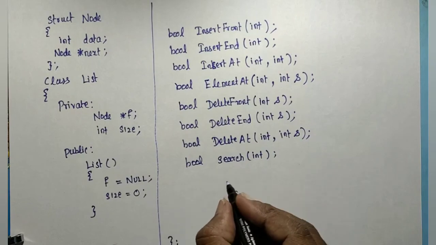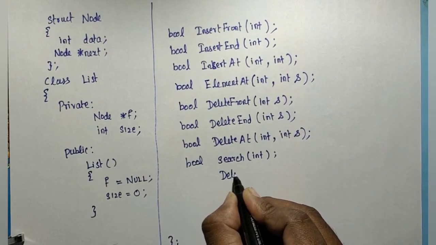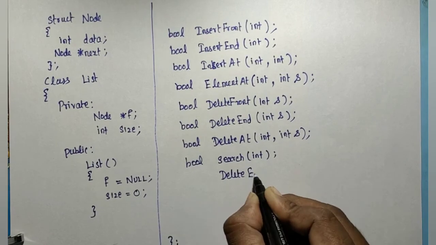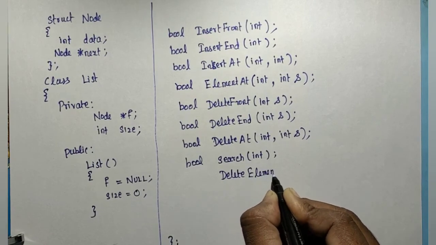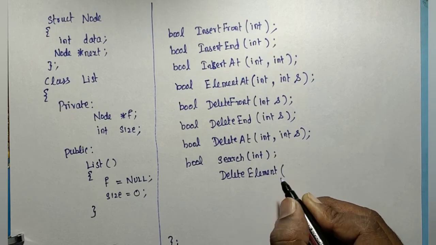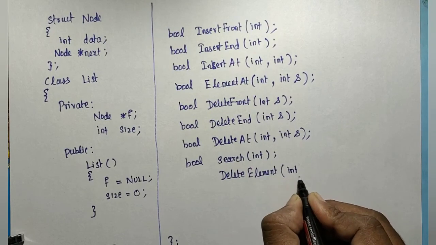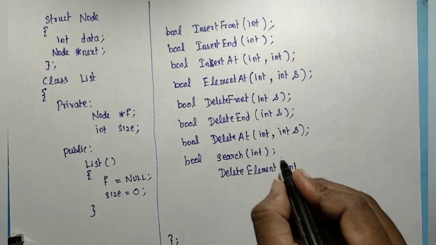The next, delete element. It means that a particular element needs to be searched first, then that should get deleted. It means that I need to pass the element, not the position.